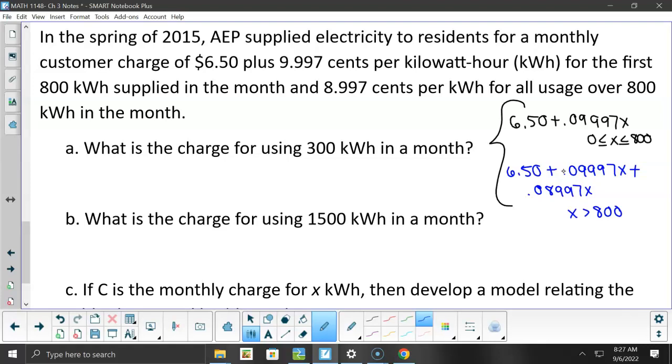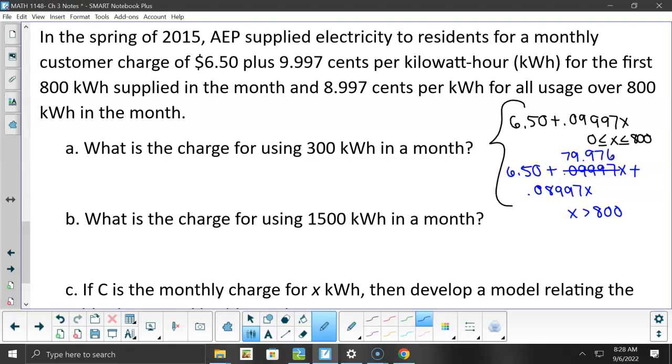And what you can do, if you don't want to use the 0.09997x, you can just multiply that by 800. Oops. And just replace this part, if you really wanted to, with 79.976, because you know you're going to get charged that no matter what. Does that make sense? Because you've used over 800 kilowatt hours.